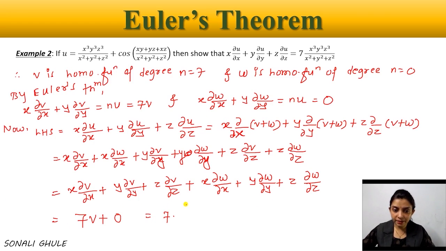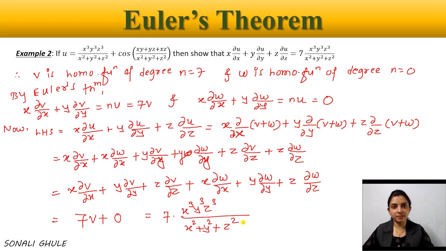Just write here x cube y cube z cube upon x square plus y square plus z square. I hope you all understand, and hence proved. This is our required proof.